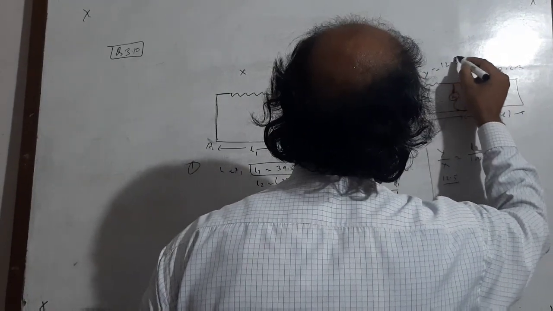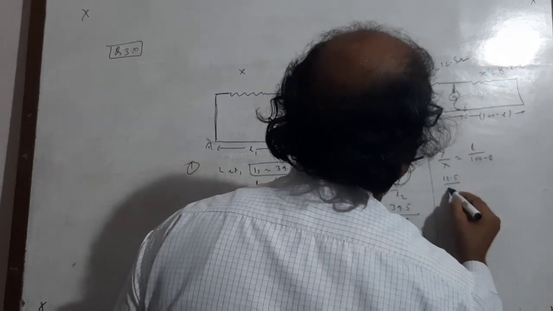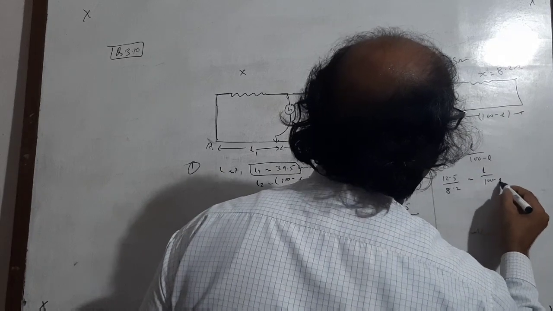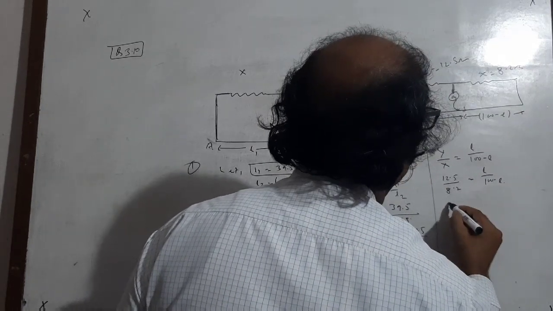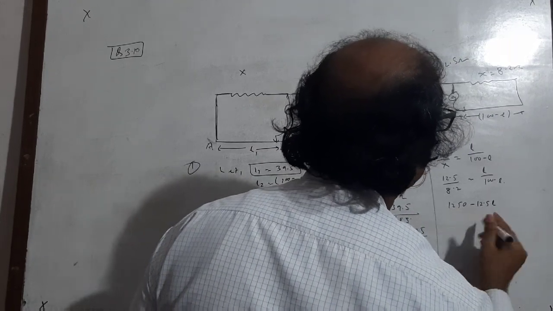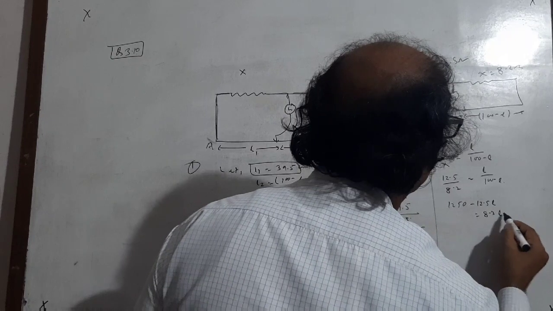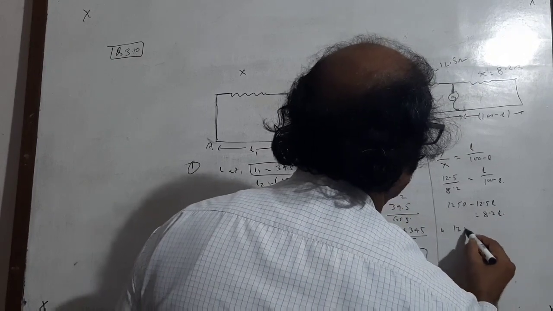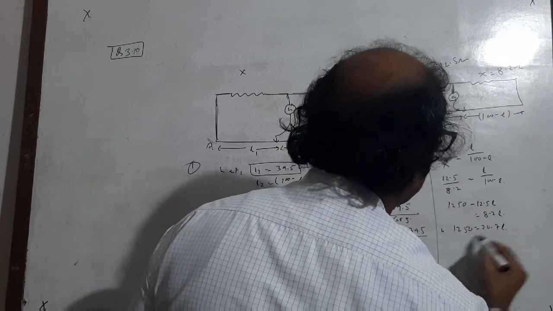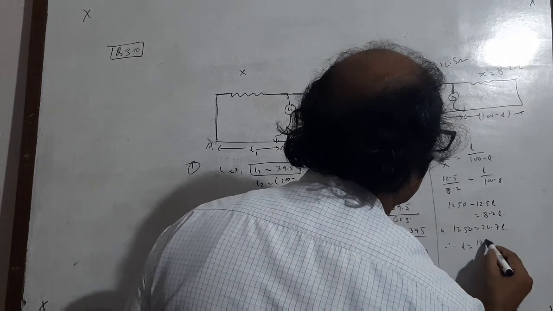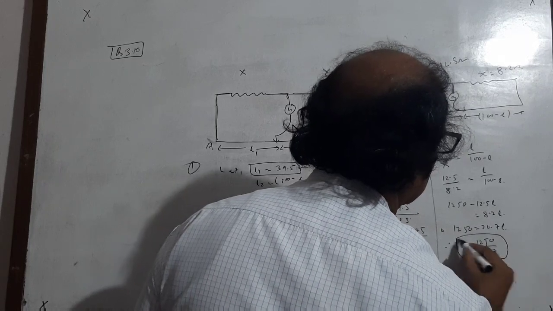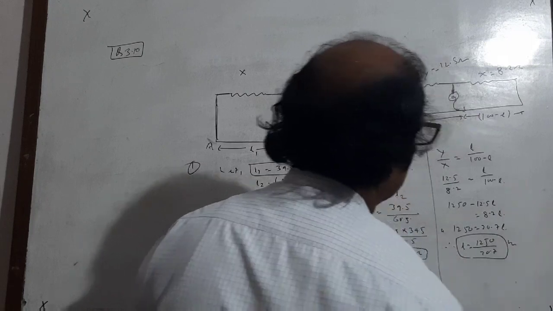So 12.5 by 8.2 equals L by 100 minus L. This gives 1250 minus 12.5 L equal to 8.2 L, or 1250 equals 20.7 L, and therefore L equals 1250 by 20.7 centimeter.